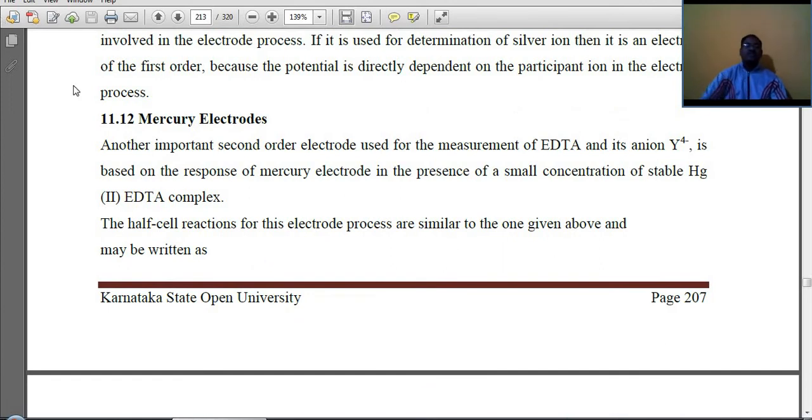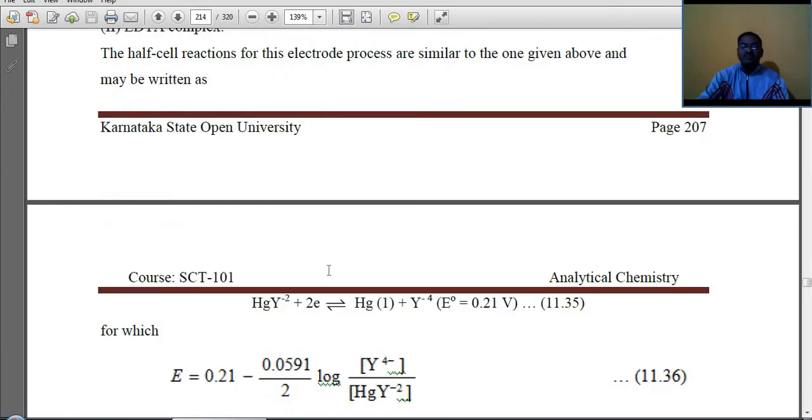These are all mercury electrodes. Among the mercury electrodes, the second order electrode used for the measurement of EDTA and its anion Y4 minus is based on the response of a mercury electrode in the presence of a small concentration of the stable Hg-EDTA complex. The half cell reactions for this electrode process are similar to the one given above.